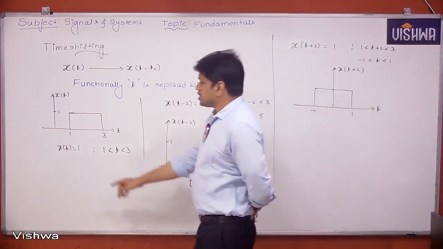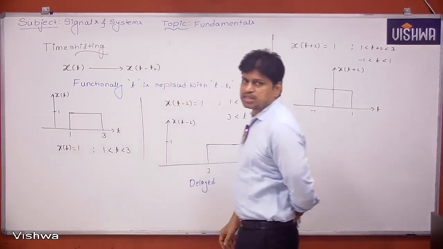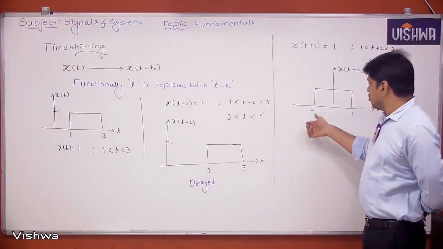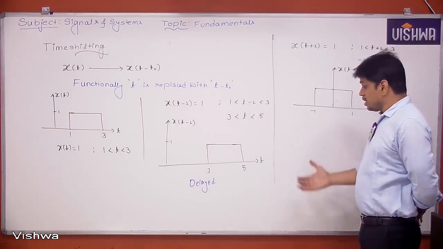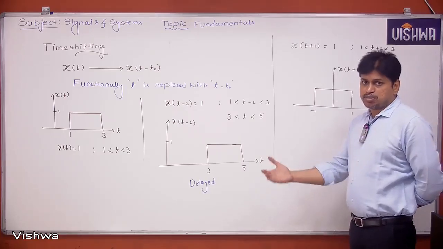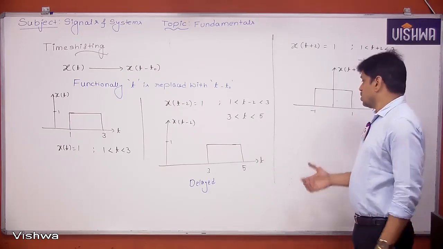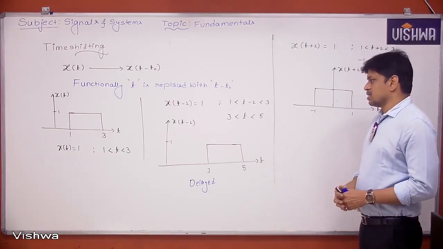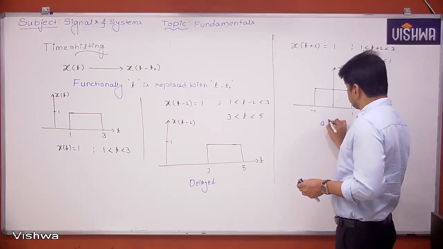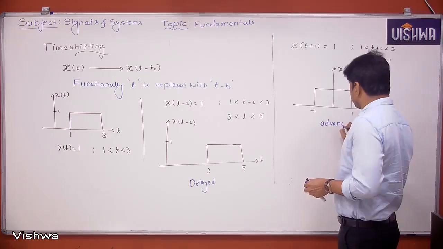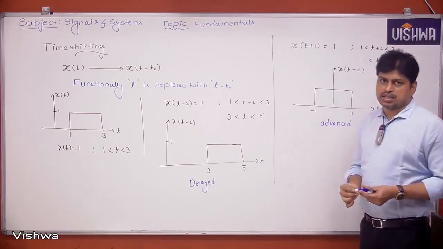Because the signal has to start at 1, but instead it is starting at minus 1. Minus 1 is earlier than 1. So it is starting way before x of t. So I can say the signal got advanced. Okay, take it. The signal got advanced.